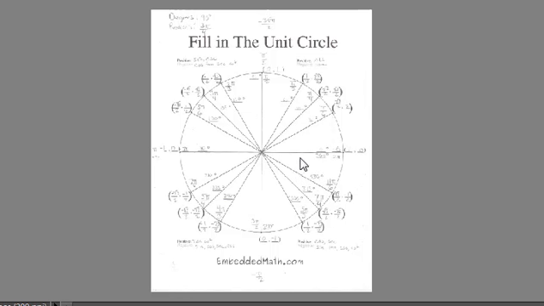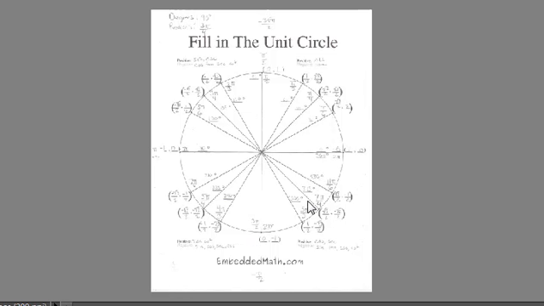Unfortunately, there are a couple of downfalls with the unit circle that I want to warn you about before you get started, so you don't get caught in any of the little traps. One trap is to just use rote memorization for all of this information. The problem with just memorizing it is that if you don't understand where the numbers come from, and you just memorize where they go, then all you can do is fill in a unit circle.